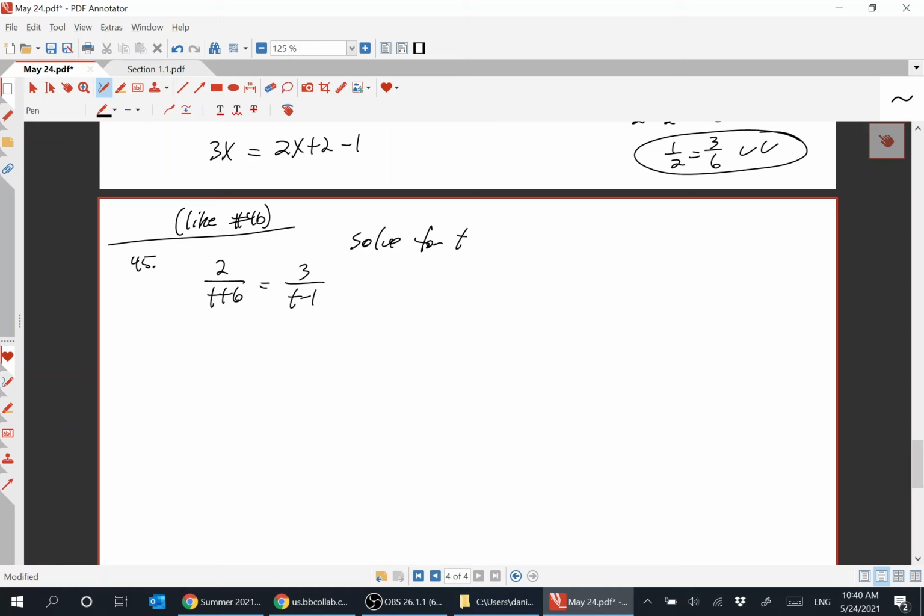Cross multiply is just a more specific form of multiplying by a common denominator, essentially. So here I've got a fraction over t plus 6 and a fraction over t minus 1. A common denominator would be the product of those two.